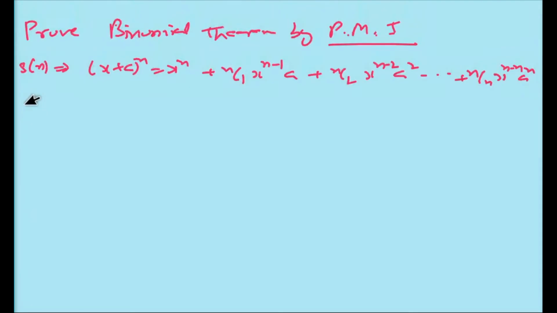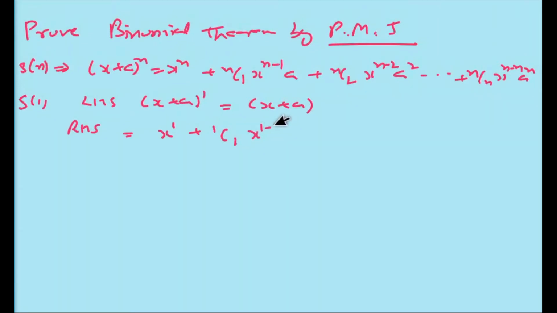First we check S1. LHS is x plus a to the power 1, so we find x plus a. Now RHS we can write here 1c0 x to the power 1, plus 1c1 x to the power 1 minus 1, that is 0, a to the power 1.